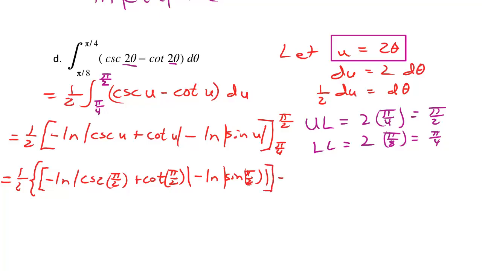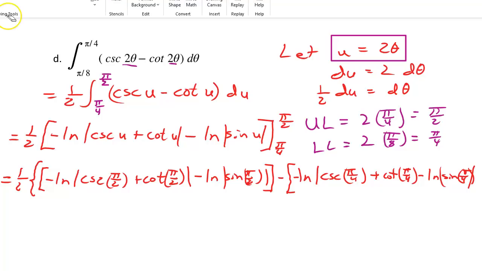Okay, so there's the upper limit, and then minus the lower limit. So substitute in pi over 4 now. That's supposed to be a, let me clean that up a little bit.